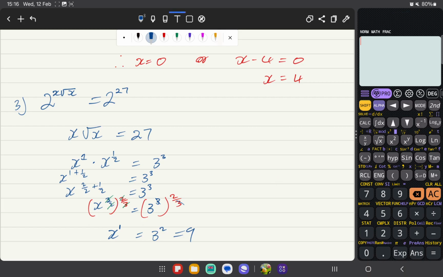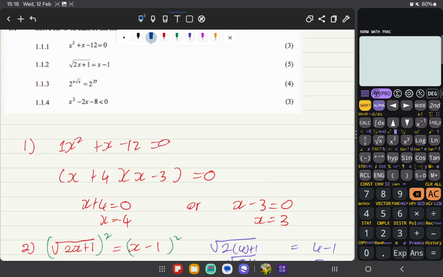So 3 squared is 9, yes. So I have 9 times the square root of 9. The square root of 9 is 3, so that is 9 multiplied by 3, which is 27. Which makes it 3 to the power of 27... which is what we have there. I don't know what I was doing with this calculator.